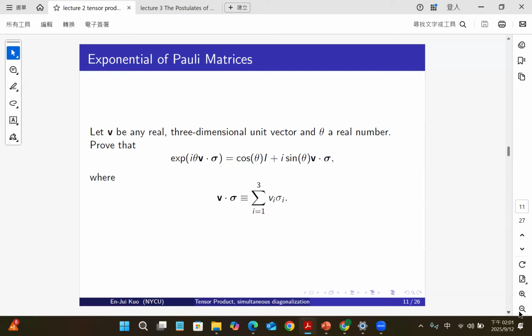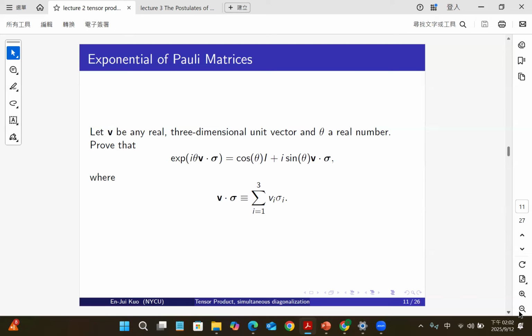Remember that sigma x is [0, 1; 1, 0], and sigma y is [0, -i; i, 0], and sigma z is [1, 0; 0, -1]. Usually let's say you take a vector v to be v1, v2, v3.